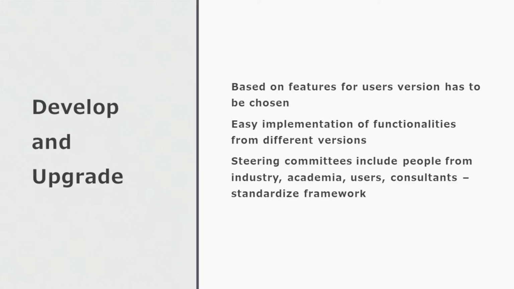The functionalities of different versions are transferable with relevant programming knowledge. Various steering committees consisting of counterparts from industry, academia, users and consulting organizations standardize the OpenFOAM framework. There is no clear possibility in the near future for a single unified OpenFOAM release version.